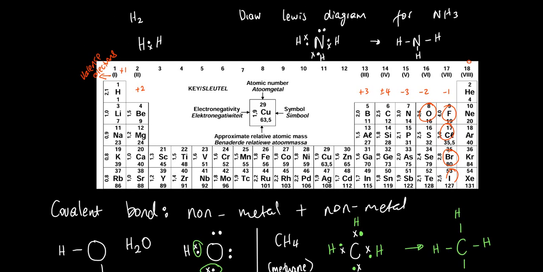What about O2? O2 means two oxygens, right? So the first oxygen is gonna be 1, 2, 3, 4, 5, 6. Then the second one also is gonna have 1, 2, 3, 4, 5, 6. Now how are they going to form a bond, those two things?